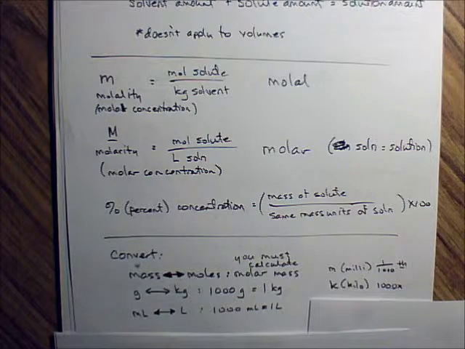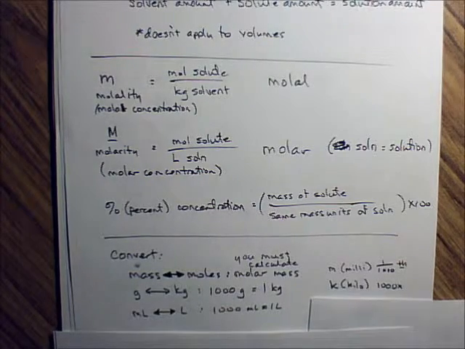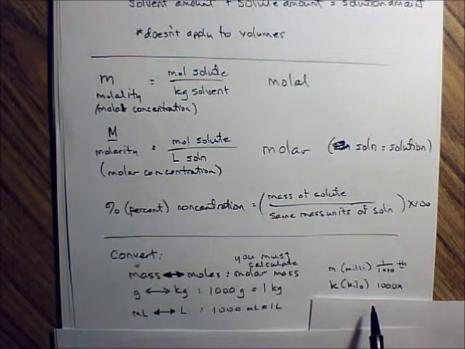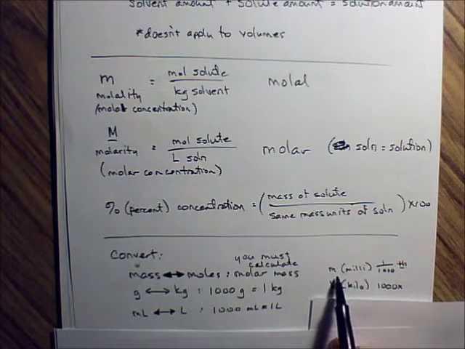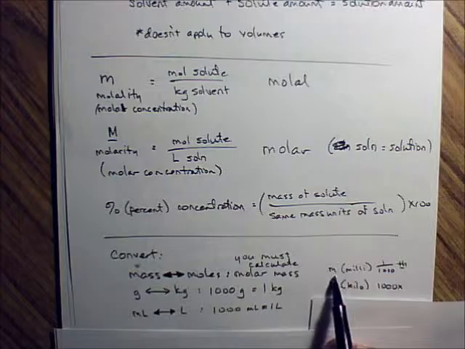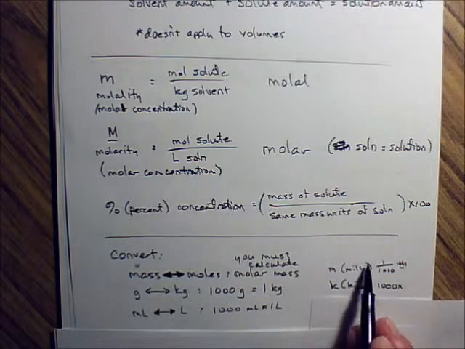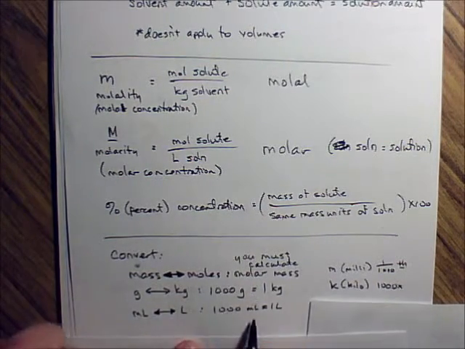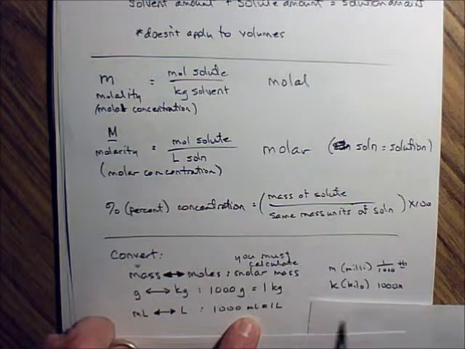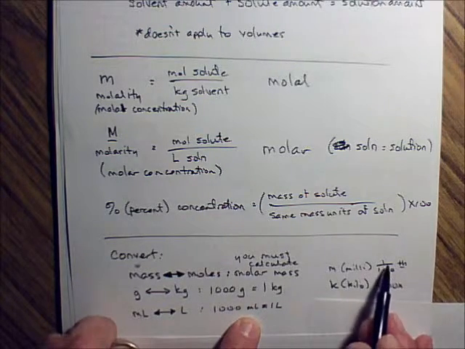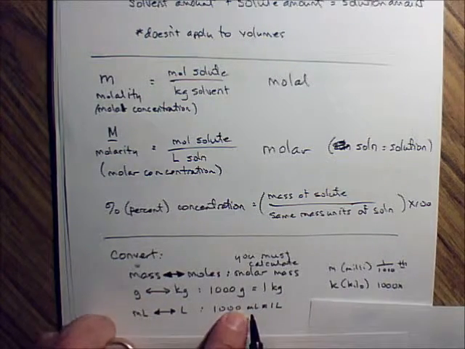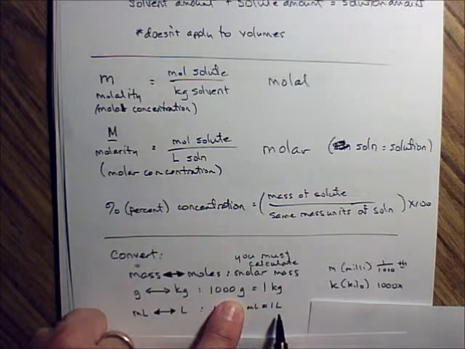So a meter stick is about this long. 1,000 of those makes a kilometer. Milli, the prefix m before some major unit like milliliter, means 1,000th. A milliliter is 1,000th of a liter.